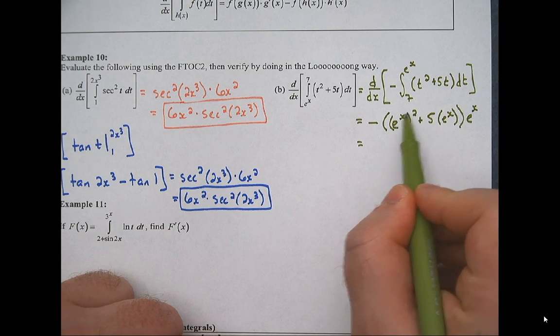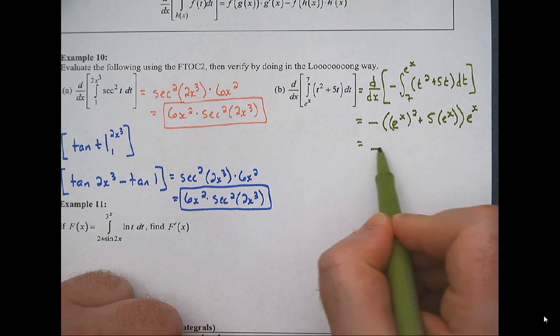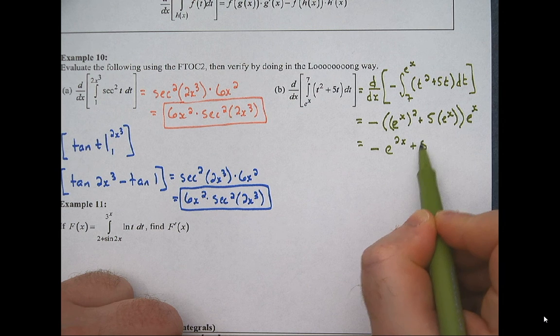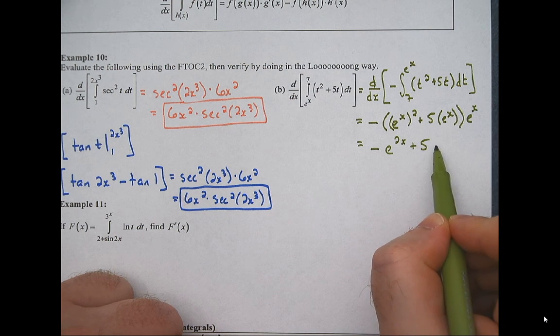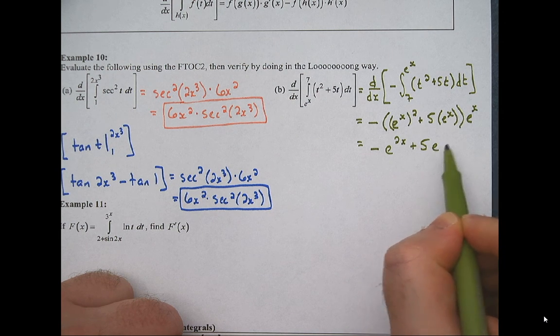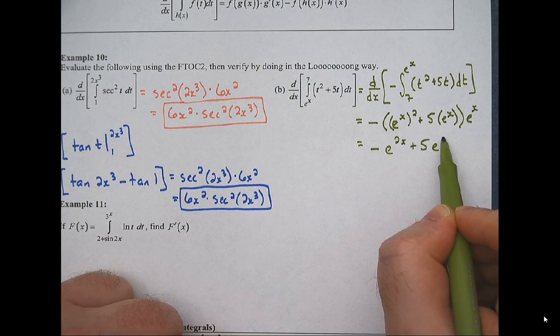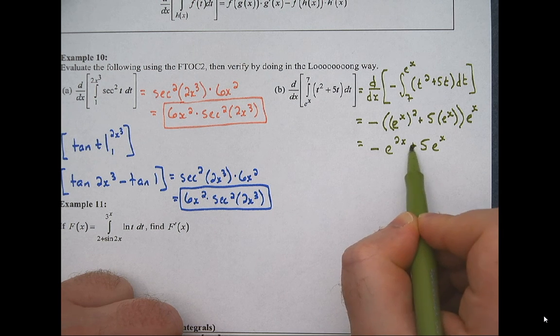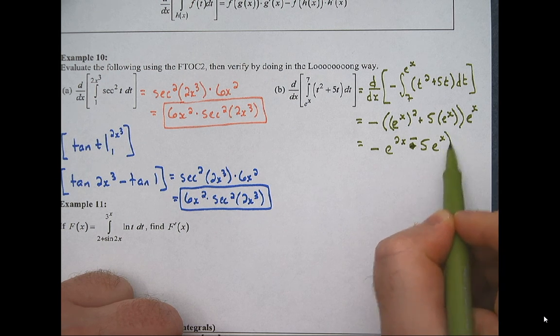Now a little bit of a cleanup here. So remember, you can multiply exponents together. So this would be negative e to the 2x plus 5 e to the x times e to the x is another e to the 2x, right? You can add those exponents together. Wait, I got to distribute that. That's on the outside. Oh, I've got to distribute that negative too.